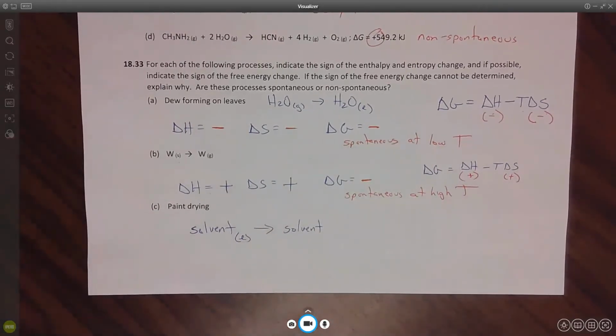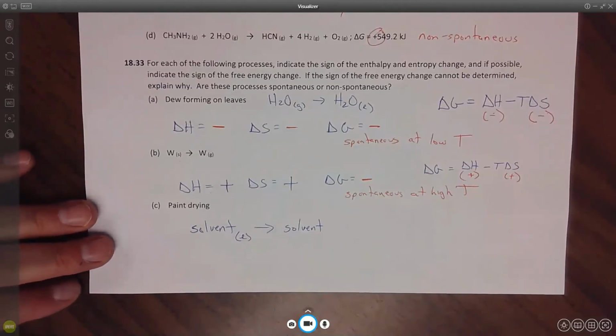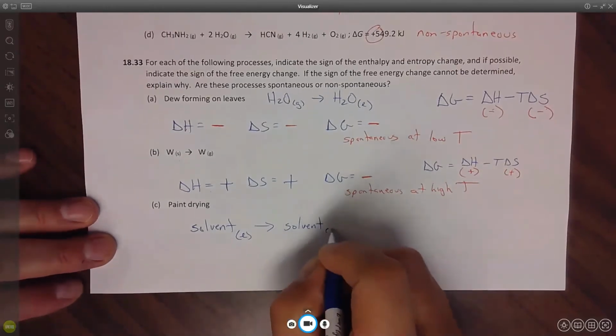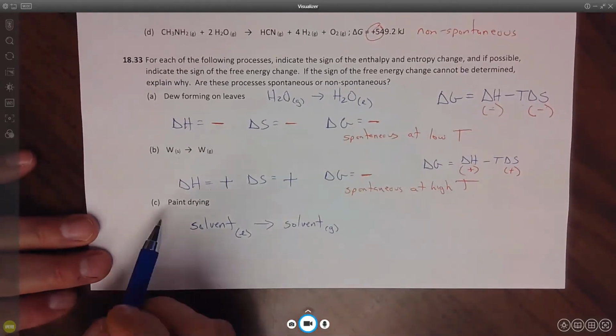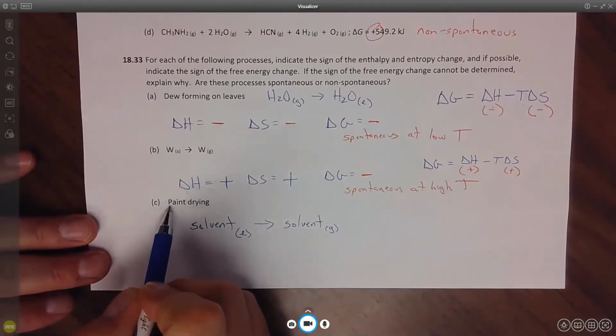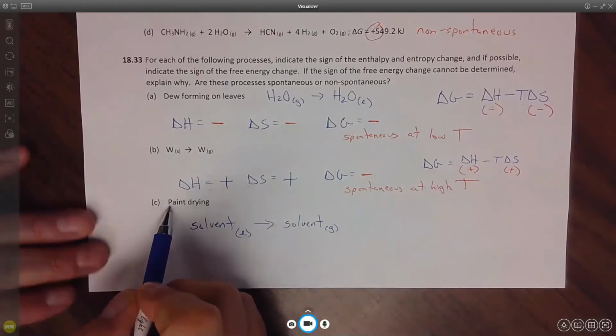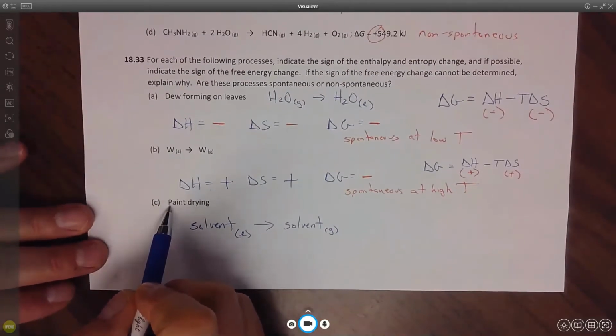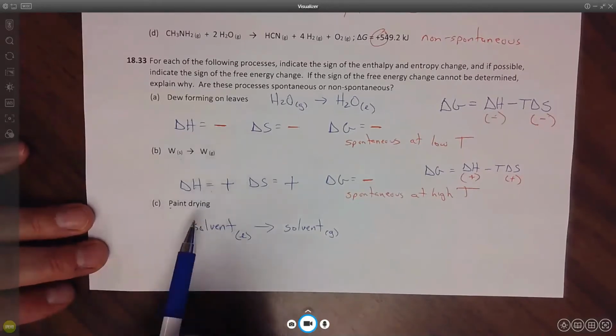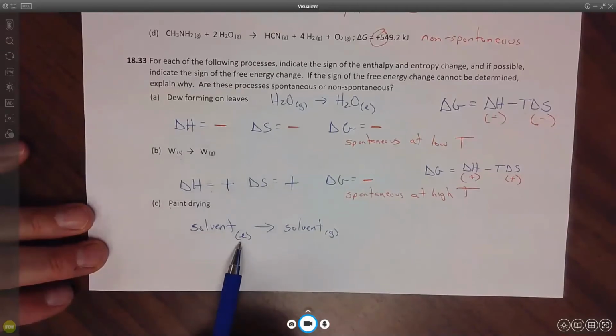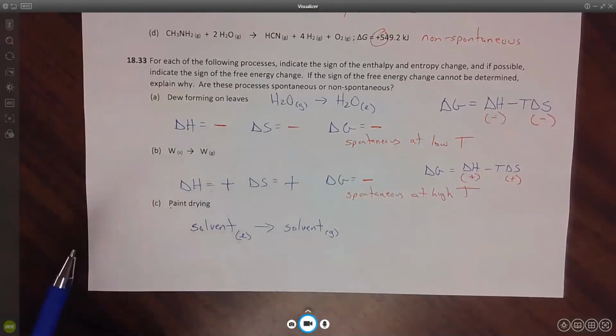Is it becoming a solid? This is a little more complicated, but the solvents actually go into a gas. The solid particles in paint are a suspension, not a solution, so the particles suspended in the paint are always solid. They never actually undergo a phase transition, they just lose the liquid. Does that make sense?